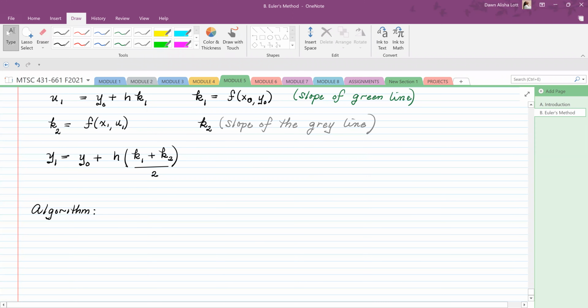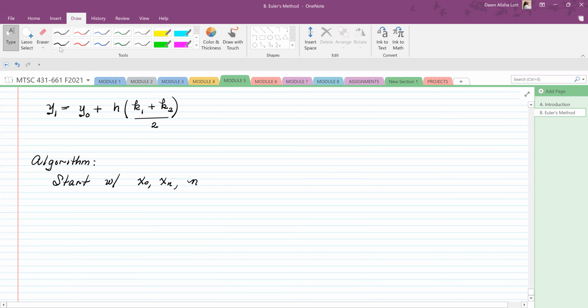Of course we start off with x naught, xn, n, and then we calculate h and alpha.